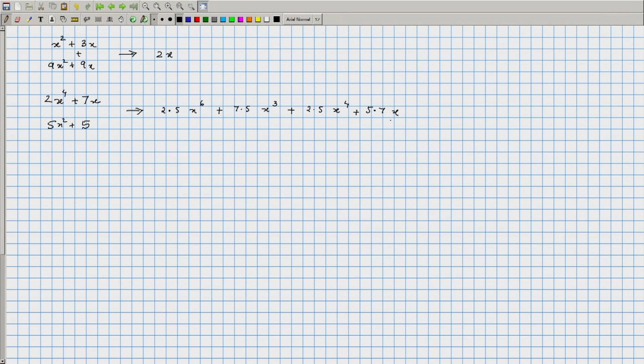Multiplication when carried out mod 10 would give us 0, this would give us 5, this would give us 0, and this would give us 5. So, mod 10, the answer is 5x cube plus 5x. Okay. So, we had taken a polynomial of larger degree, and when you multiply it with some other non-zero polynomial, you are getting some result where the degree is reducing.